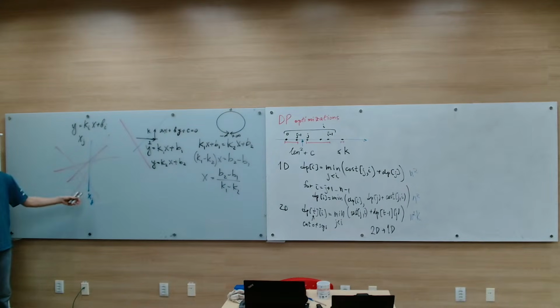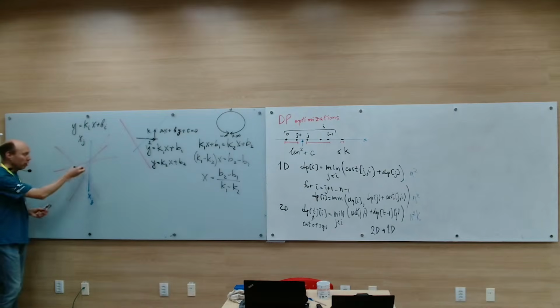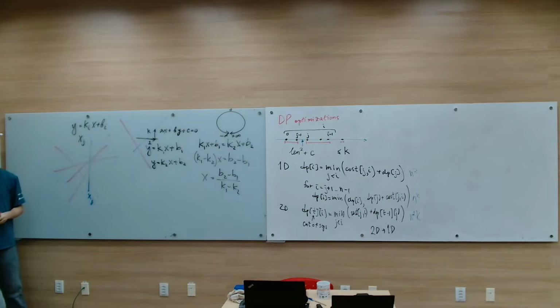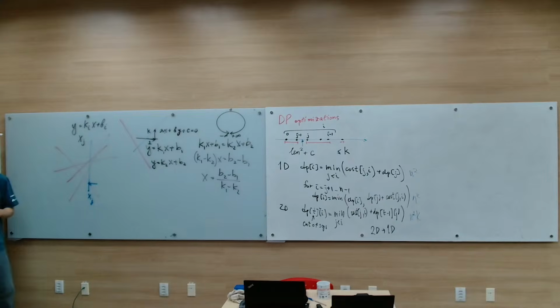Let's say the lowest point of intersection of this vertical line x equal to xj and our lines. Again, this blue line that I drew does not exist in our world, it's the query, and so no line can be, for example, parallel or coinciding with it. So this is the query.